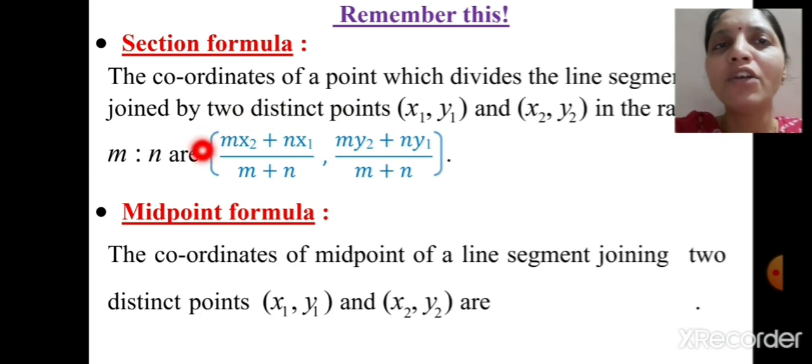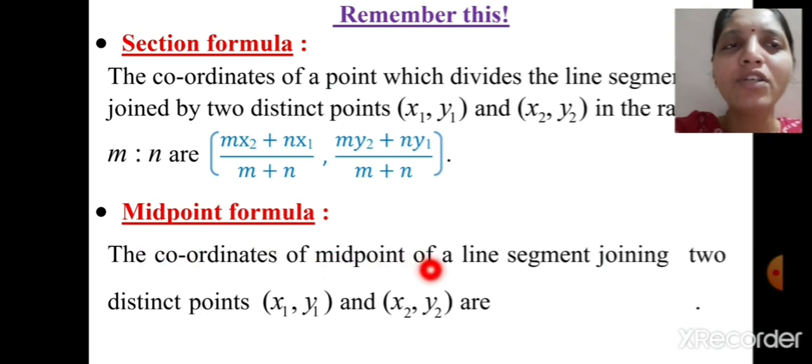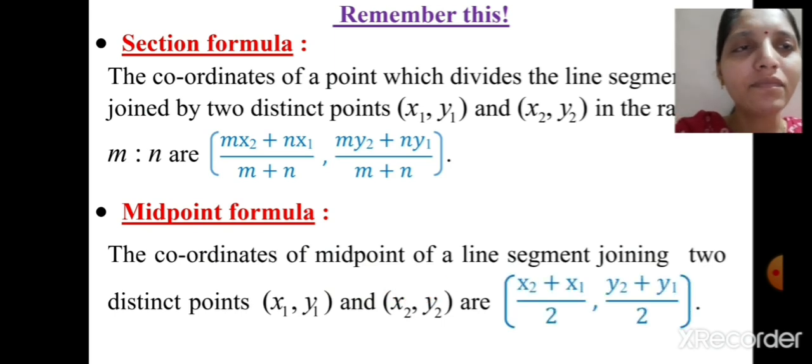This formula you have to remember. Now then we have learned about the midpoint formula. The coordinates of midpoint of a line segment joining 2 distinct points which have coordinates (x1, y1) and (x2, y2) are (x2 plus x1) upon 2 and (y2 plus y1) upon 2. So this is the midpoint formula.